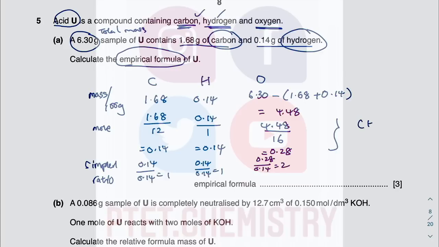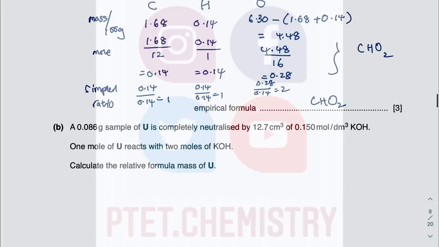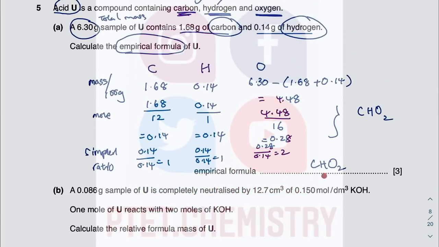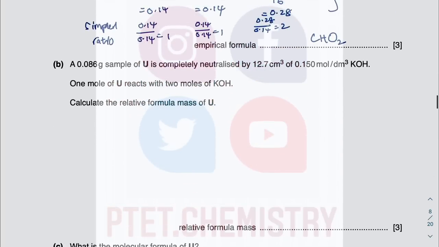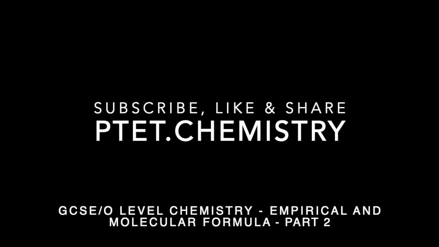The simplest ratio is going to be C1H1O2. When it's 1, I do not show the 1, okay? It's implied. This should be a trademark thing which you shouldn't lose unless you just have CH or whatever. That means you have totally missed reading the question. That's why it's important to read the question and interpret the question, yeah?